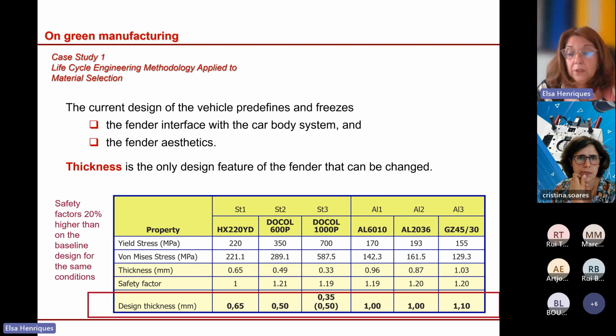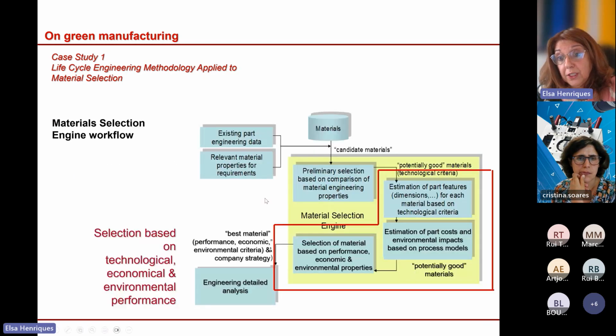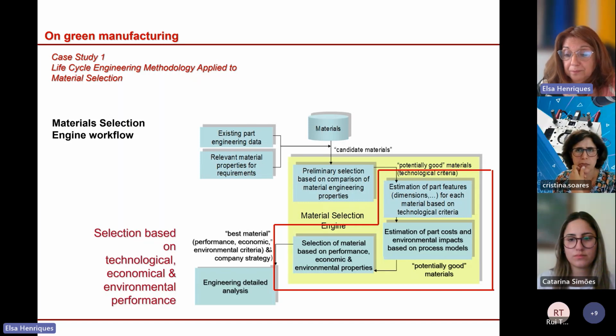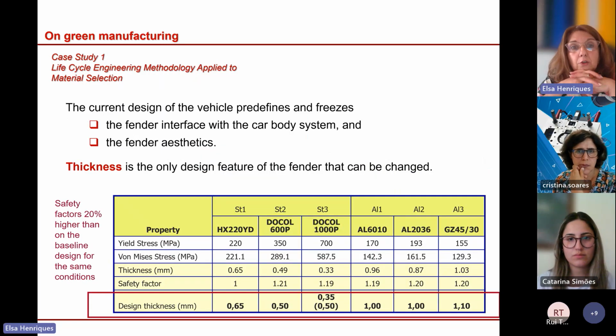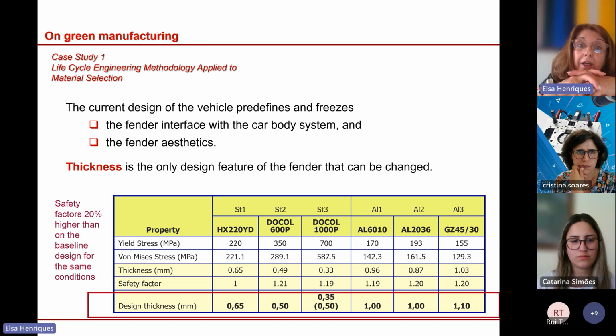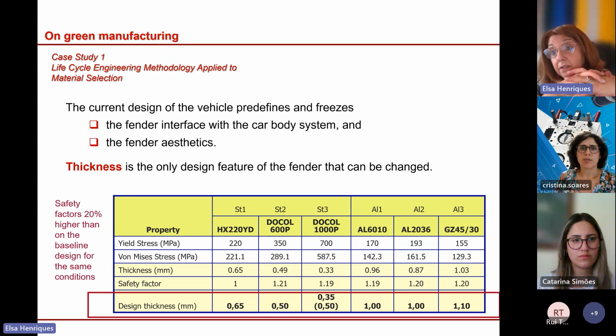So in terms of the first phase, which is the estimation of the part features, if you change the material, it is expected that some part features might be changed. And in fact, that's the case. But the current design of the vehicle predefines and freezes already the fender interface with the car body system and the fender aesthetics.